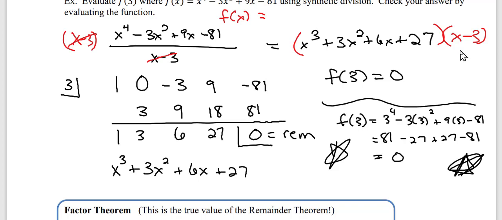And we also get that x minus 3 is a factor. If x minus 3 is a factor of this, then x equals 3 is a 0.